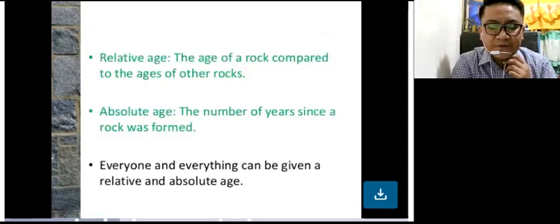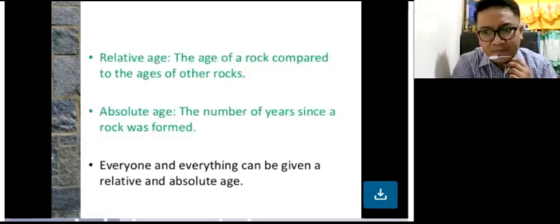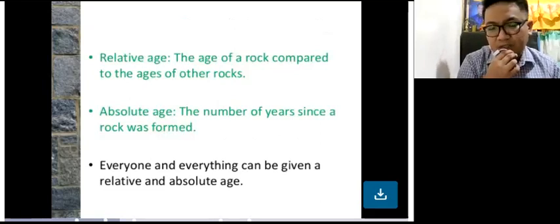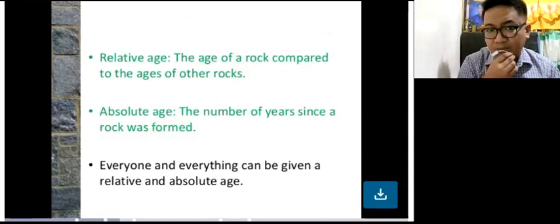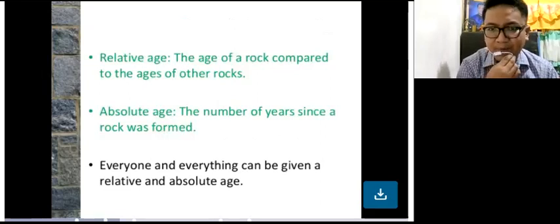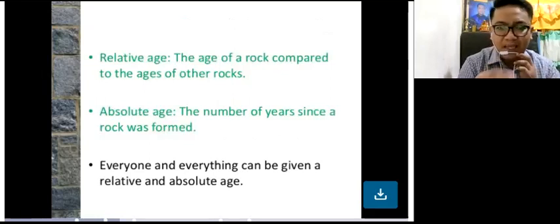Ito po yung a little comparison between the relative age and the absolute age po. The relative age is the age of a rock compared to the ages of other rocks. And the absolute age is the number of years since a rock was formed. Okay po? So everyone and everything can be given a relative and absolute age po.